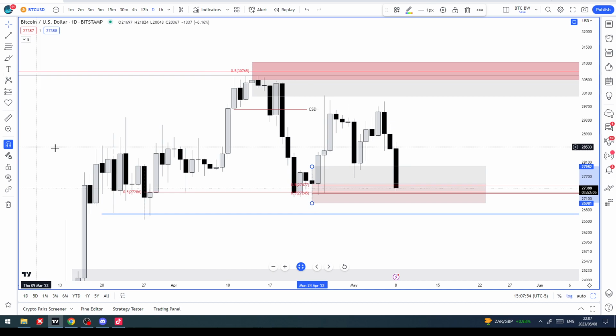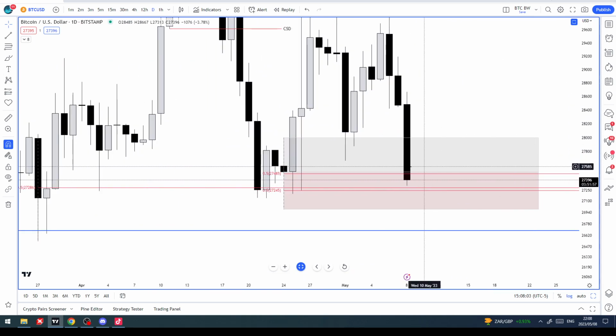Let's just get the magnet tool on. You can see we've tapped the 50%. If we close below the 50% of this down candle, I want to see tomorrow's candle immediately push back up. If not, then it means we're looking for more downside.